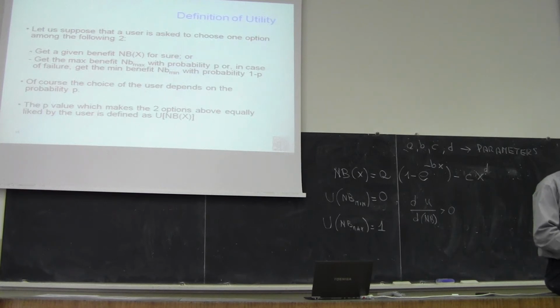This p-value is a value of probability, so it's a value between 0 and 1. And the p-value which makes the user equally satisfied by the two solutions is defined as the utility of the given benefit for sure.